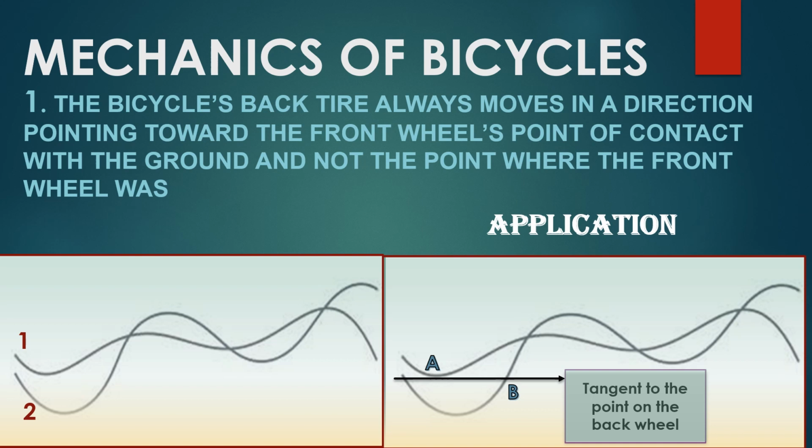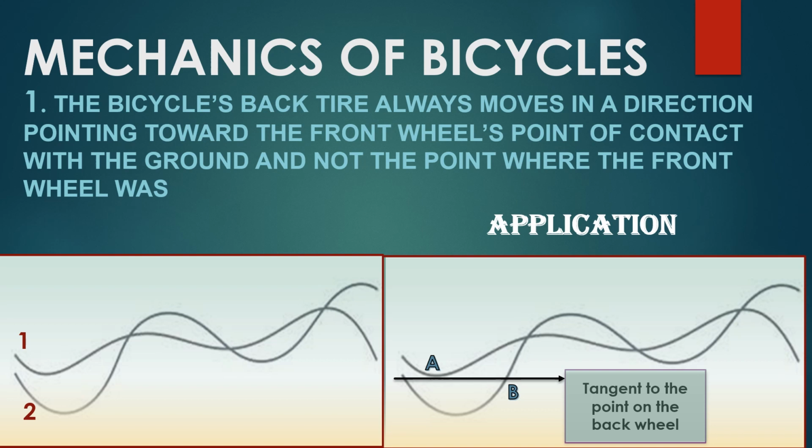If you choose any arbitrary point A on the back wheel track, then the direction of motion of the bicycle at this point A will be along the tangent to this back wheel track at point A. So if we draw a tangent at point A to the back wheel track, it will intersect the front wheel track at point B. This point B is the position of the front wheel at the time when the back wheel is at A.